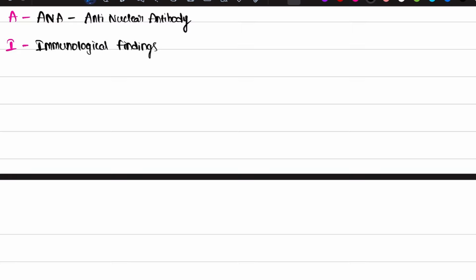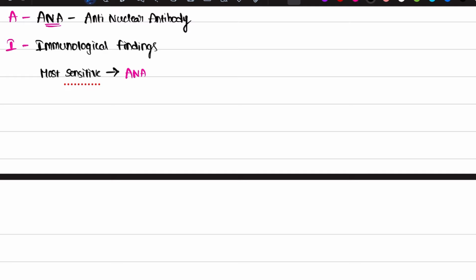So let's focus on these immunological findings first. In the immunological findings, let's find what is most sensitive. If the examiner asks what is the most sensitive antibody, let's write it as ANA. ANA is anti-nuclear antibody.